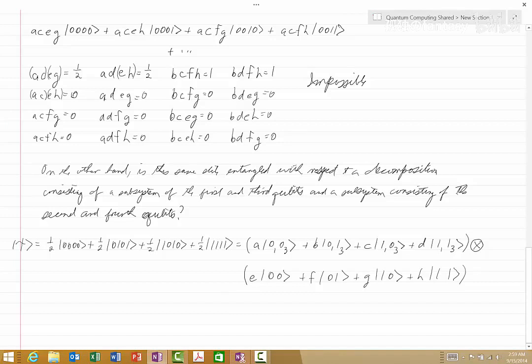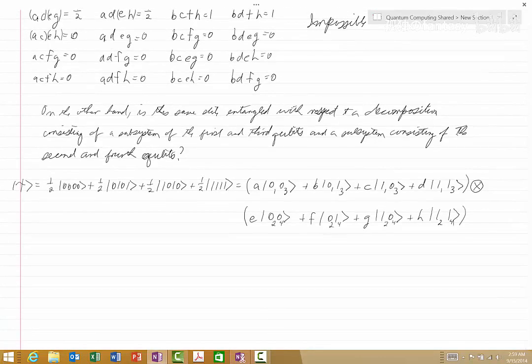And now we want to put our subscripts 2 and 4. Now, let's see what happens when we take the tensor product on the right-hand side.